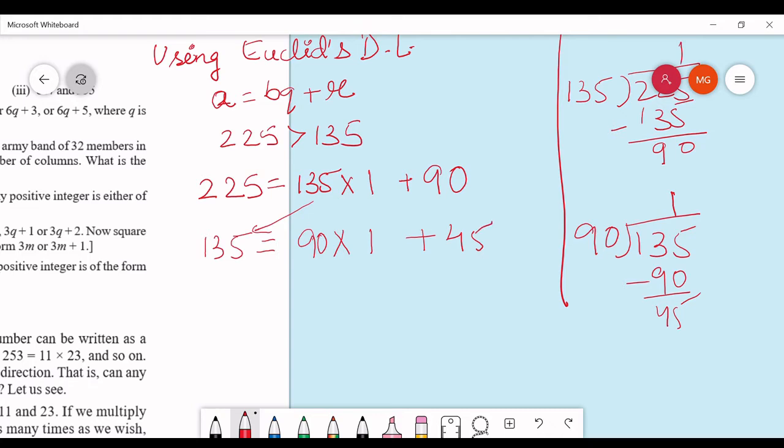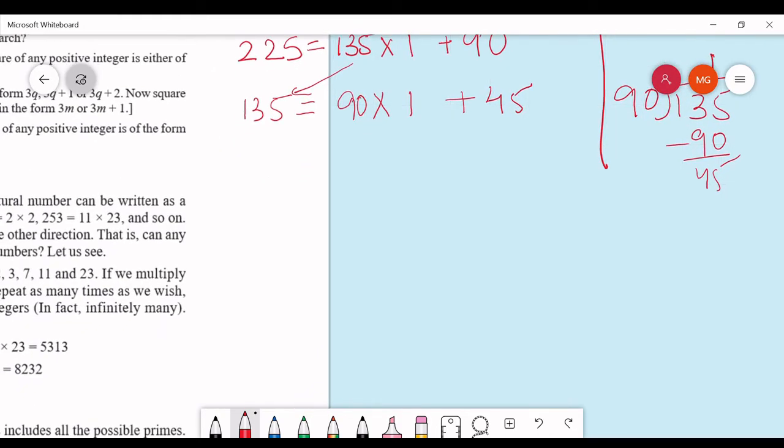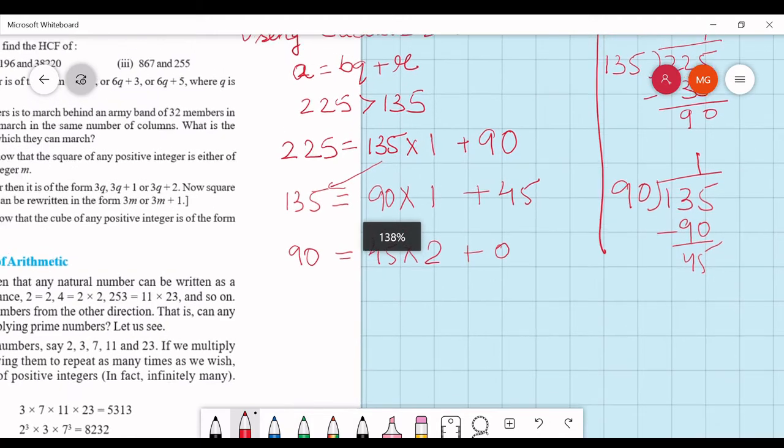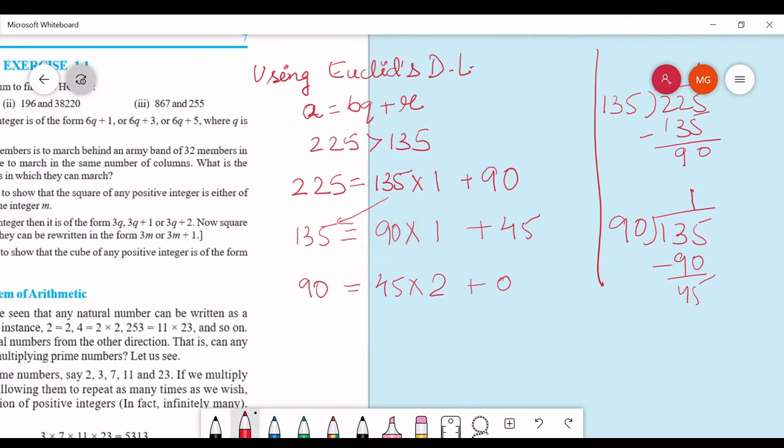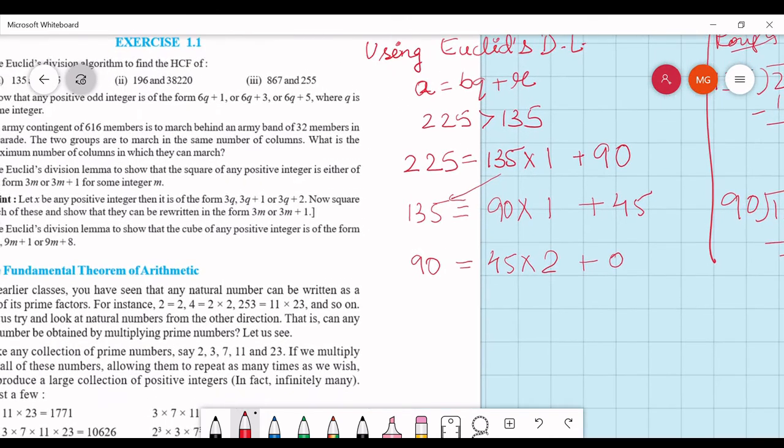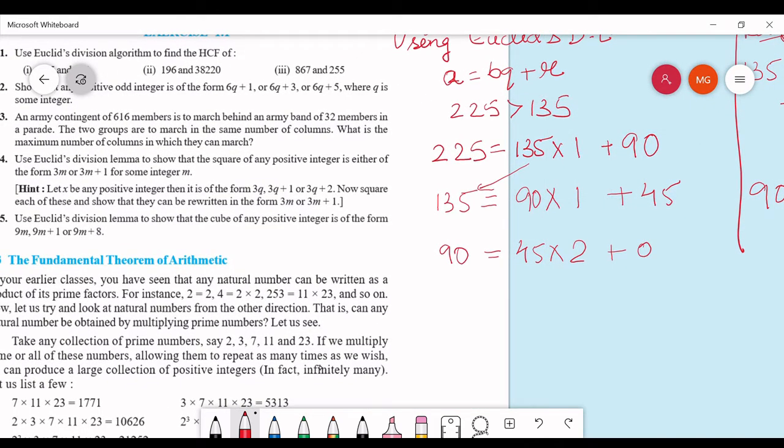One step more, you will be getting 90 equals 45 multiplied by 2, plus 0. See, we know that 45 multiplied by 2 is 90, so I have written this directly here instead of doing your rough work. So as soon as we get the remainder 0, you get this HCF, and your HCF is 45.